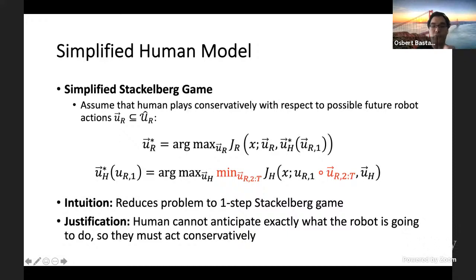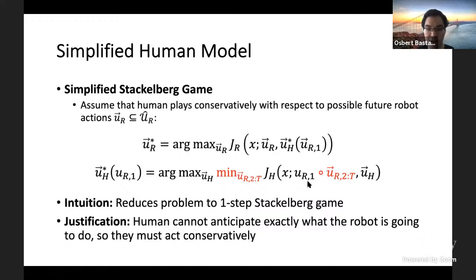We're assuming that the robot takes an action, and then the human takes an action in response to the robot's action. But when the human is deciding what actions to take, they don't forecast and compute every possible outcome that the robot is going to do. Instead, they're just going to act conservatively with respect to some subset of possible robot actions.